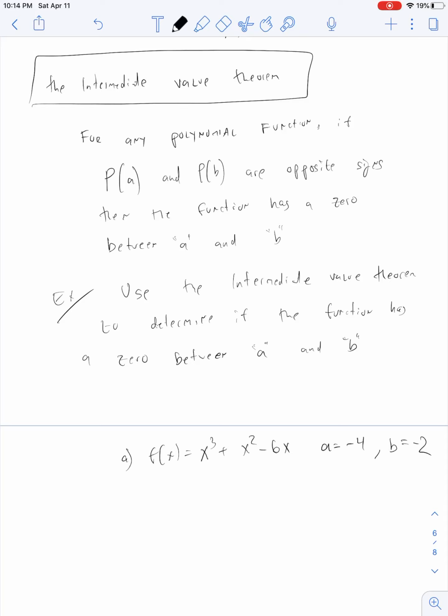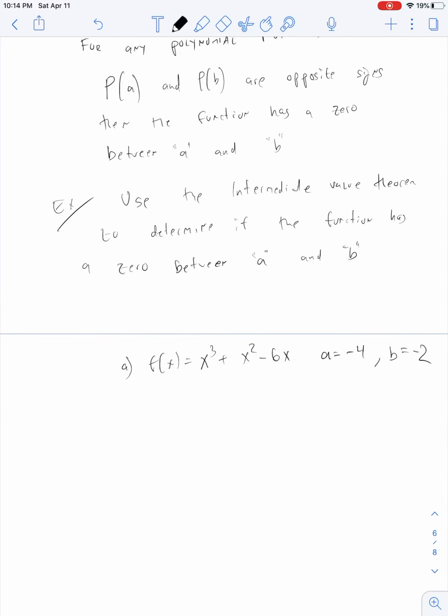And I tell you that A equals -4 and B equals -2.